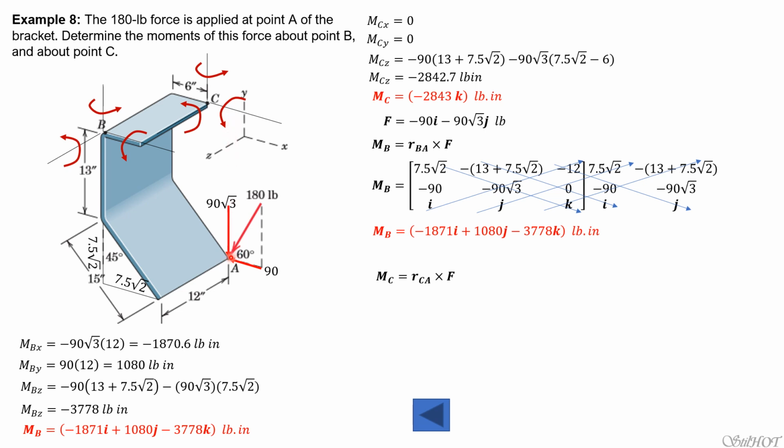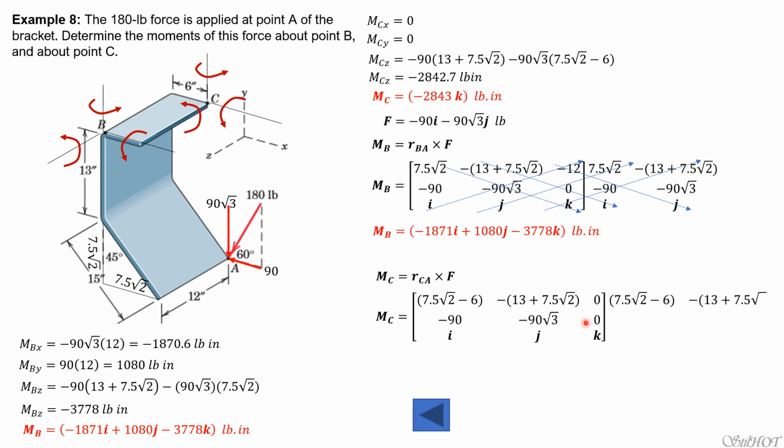Then we reach point A. There's no movement along the z-axis, so there's no component along the z-axis for CA. So it is simply quantity 7.5 square root of 2 minus 6 i, then negative quantity 13 plus 7.5 square root of 2. There's no z component of distance for CA.